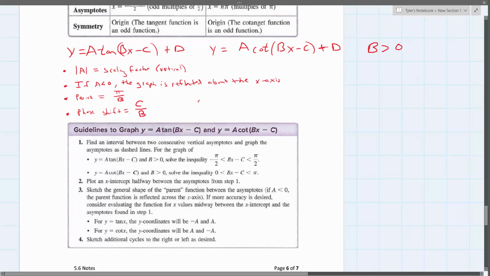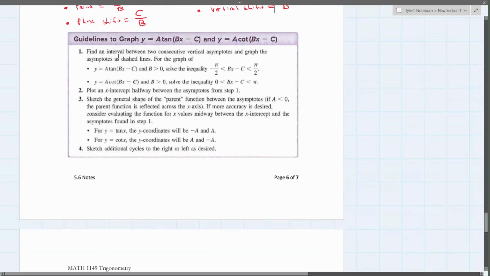So that stays the same. And then the vertical shift also stays the same. That's just equal to capital D, right? So little variations, but not much. Same general principle for finding these characteristics of the trig functions.